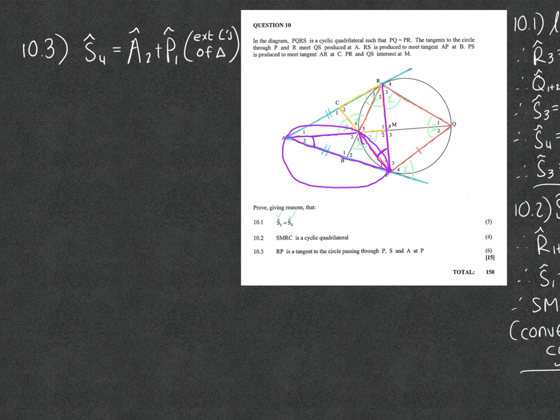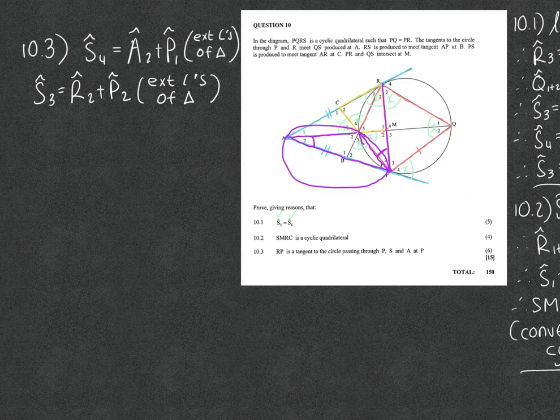Then the other exterior angle, so S3 now. So RSP is the triangle I am dealing with here. And this line is being extended. So the exterior angle S3 would be equal to R2 plus P2. Okay. So S3 equals R2 plus P2. And that's also because of exterior angles of a triangle.